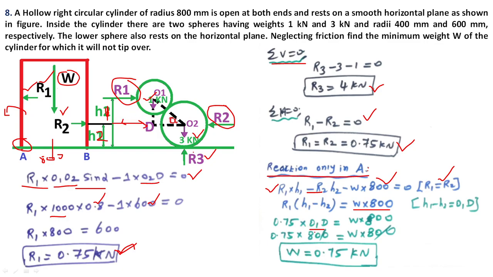Already O1D is 800. So 0.75 into 800 is equal to W into 800. The 800 cancels, so W equals 0.75. The weight of the cylinder is 0.75 kilonewton.